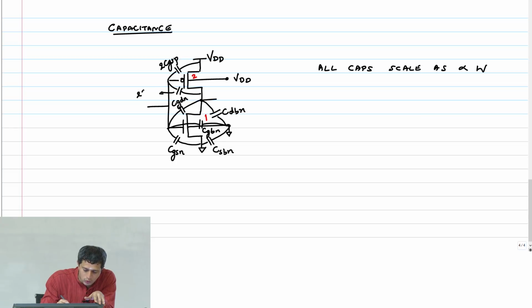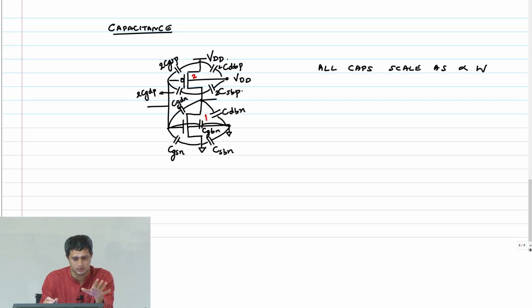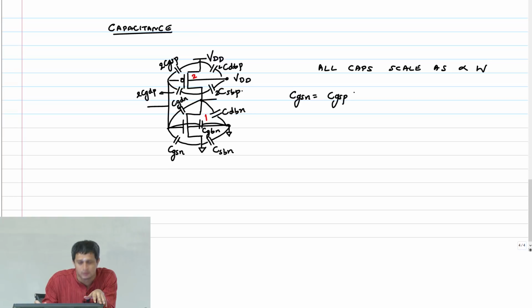This is 2CGDP, then I have this 2CGBP and 2CSBP. All this will be twice. I've just called it CGSP, I will now say CGSN equals CGSP. I'm just marking it differently.